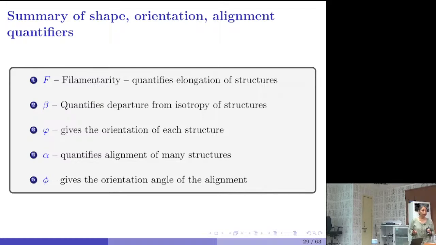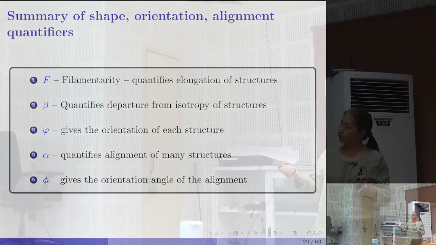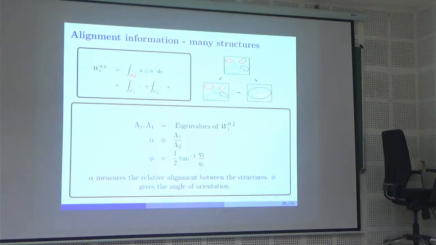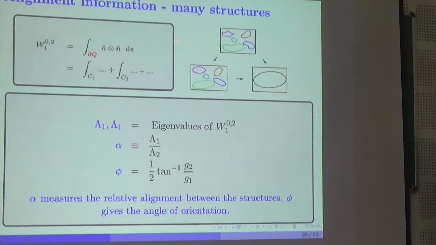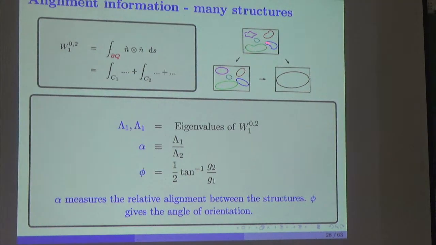What do you mean by orientation angle of the alignment? So here, this picture is what I mean by the orientation. In your chosen coordinate system, some coordinate system is there and these shapes are given.